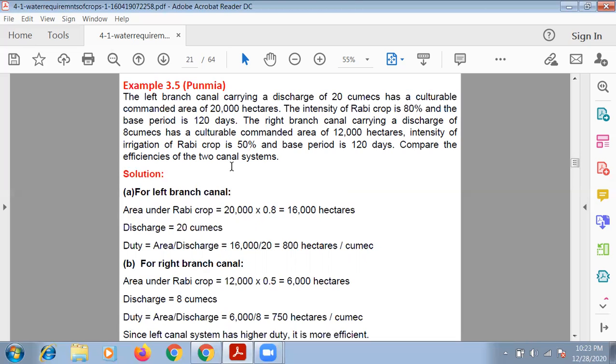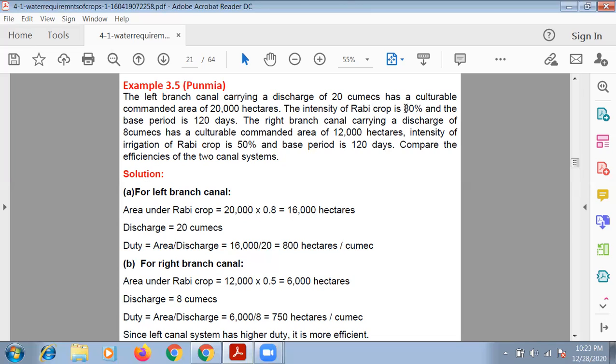So again in the given problem, first split this into two, that is the left branch canal and the right branch canal. Write the data for the left branch canal first. The discharge of the left branch canal is 20 cumex and the culturable command area is 20,000 hectares.